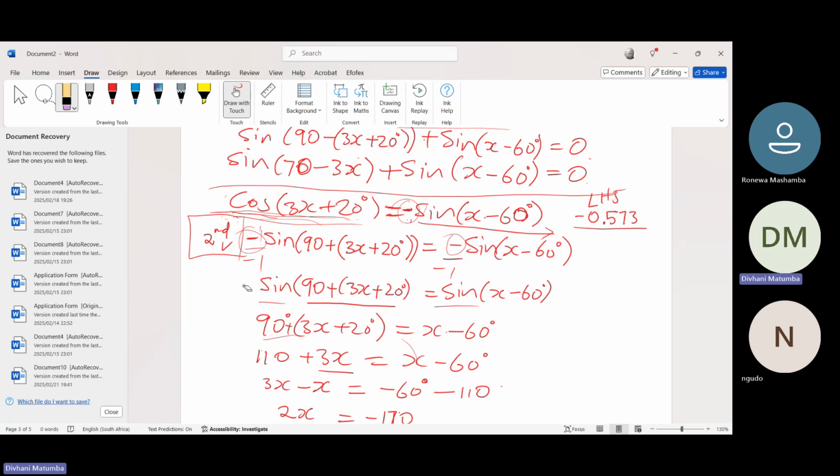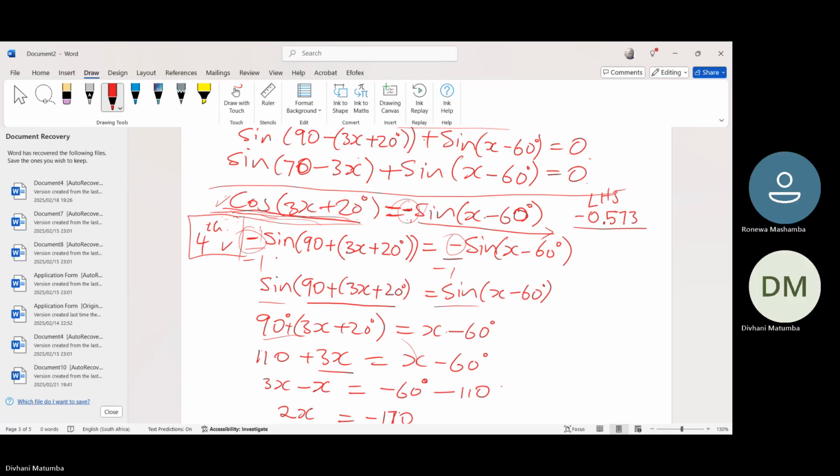I see. You're right. So the third, actually the fourth quadrant is where our cos is positive. Is it true? You agree? Yes, sir. But the sine is negative. Yes, sir. Okay, so let us try this one.